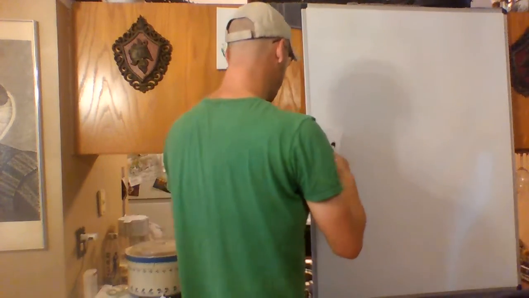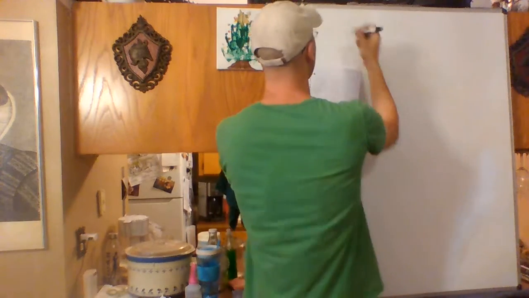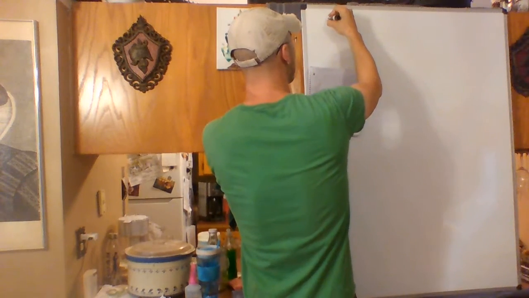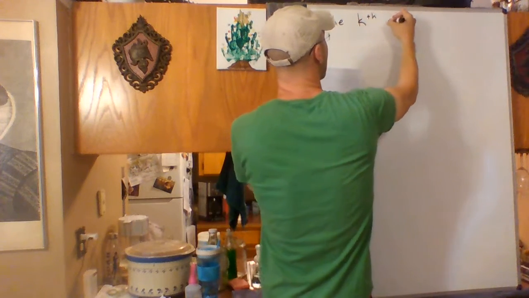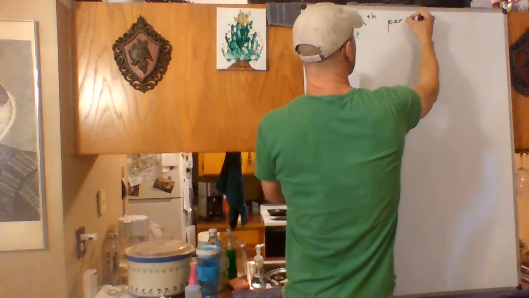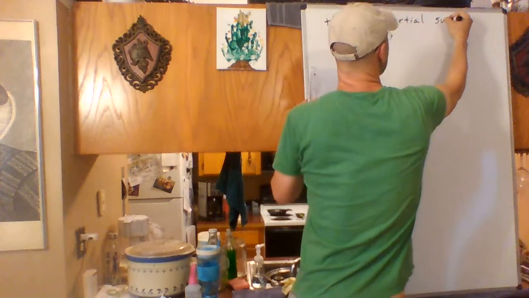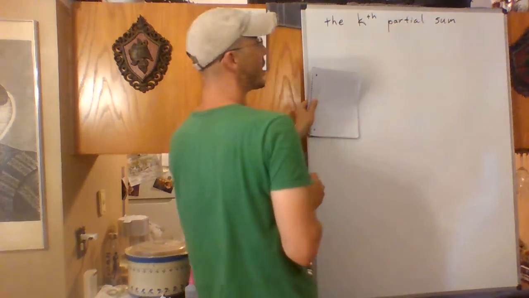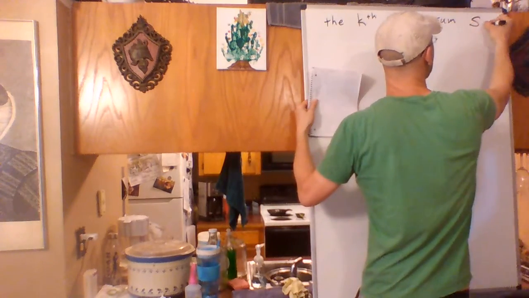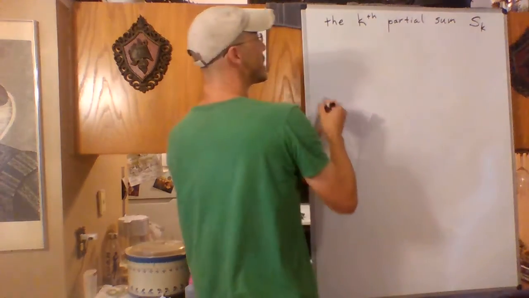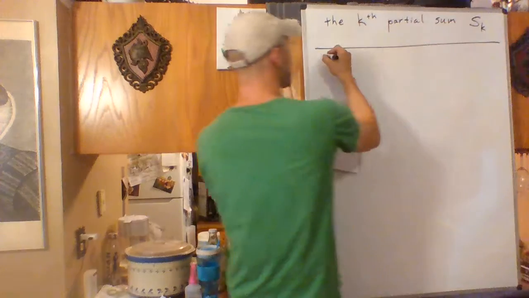Let me write that down. The kth partial sum is the idea that we're working with. The kth partial sum, S_k, is the notation for it. And we're going to do an example.